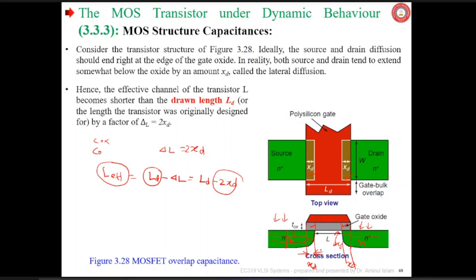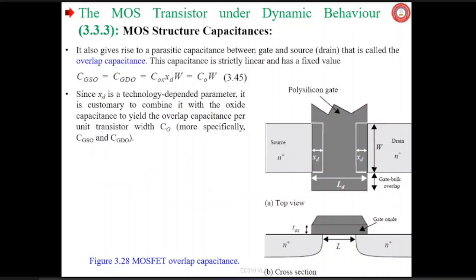Your channel capacitance will be from here to here. This will form the channel capacitance, but overlap may also be there, especially in early processes when there was no self-aligned process. In today's self-aligned process, this overlap is minimal or negligible. Anyway, you can see that the length of the device is getting reduced. That is the first thing. Second thing, overlap capacitance also occurs.